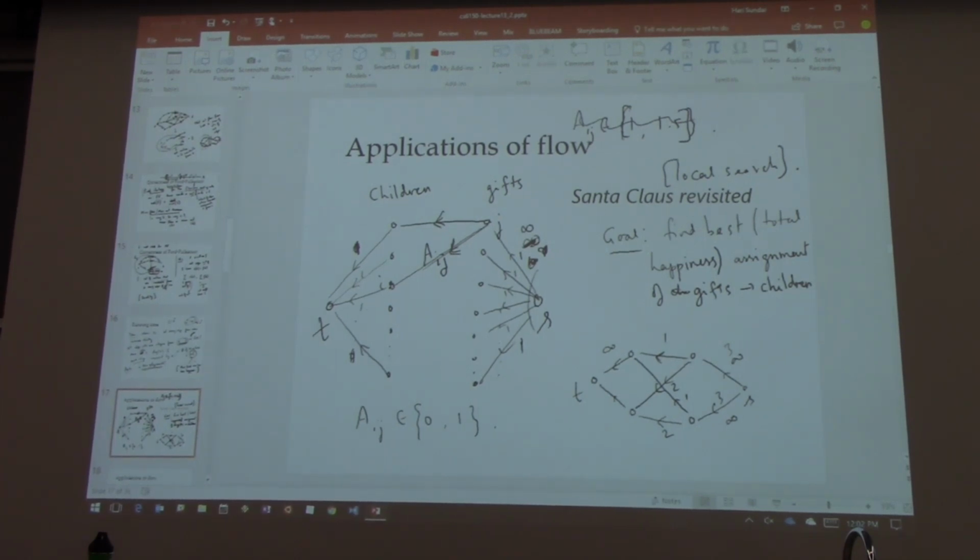I think what you're trying to say is, suppose I just follow the algorithm. What is the algorithm doing? It's basically finding augmenting paths, constructing the residual, and finding augmenting paths, constructing the residual, and so on.